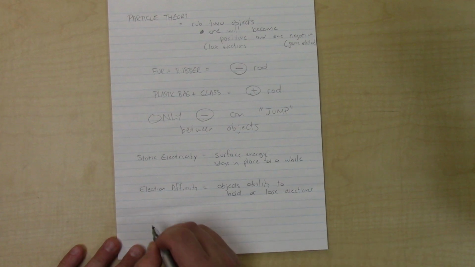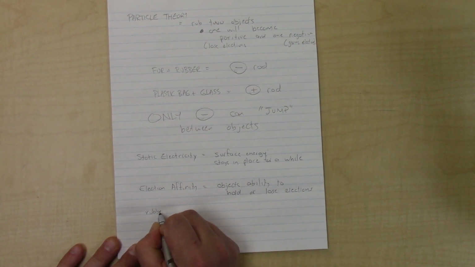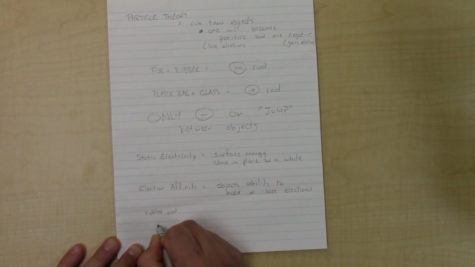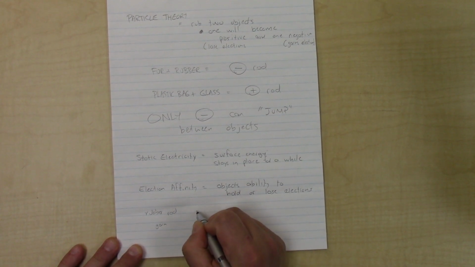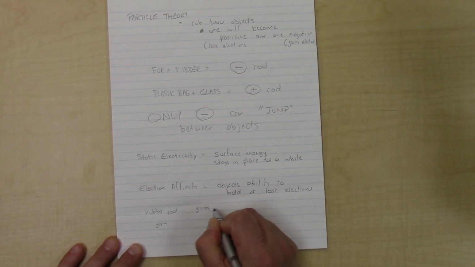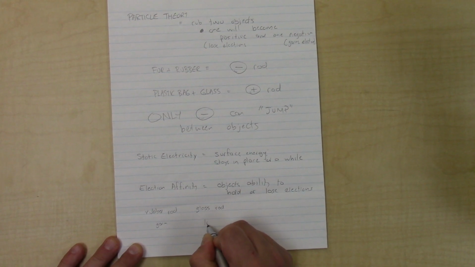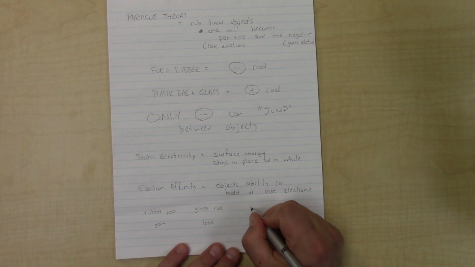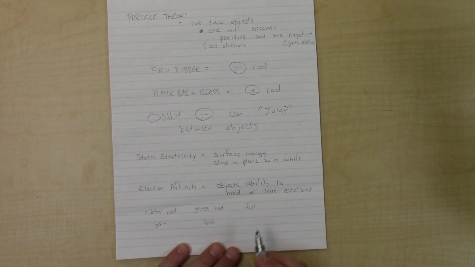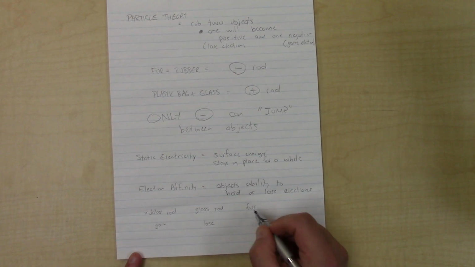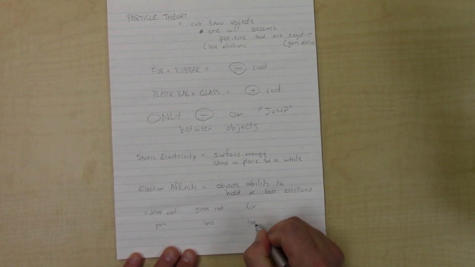And I'm going to write some examples. Rubber rod: it likes to gain electrons. Glass rod likes to lose electrons. Fur, if I rub fur with that, it's going to lose electrons.